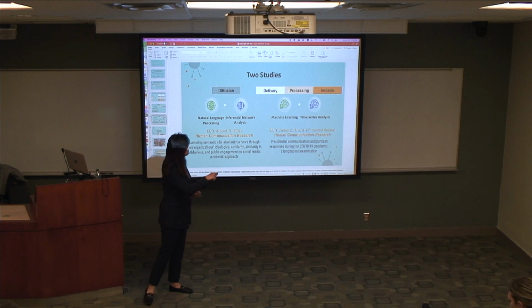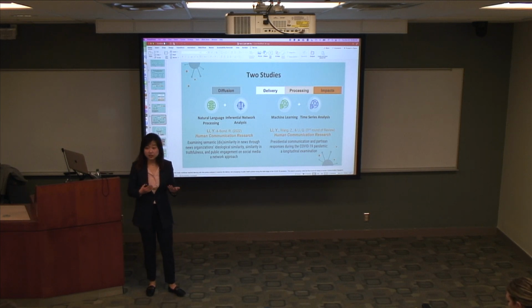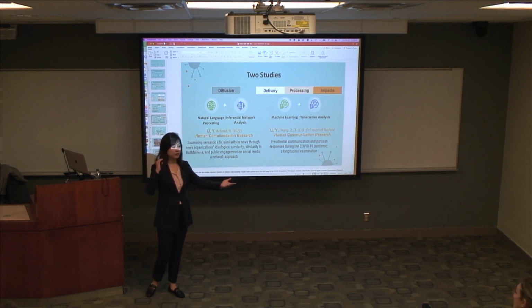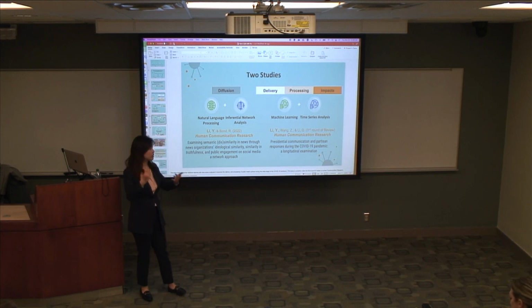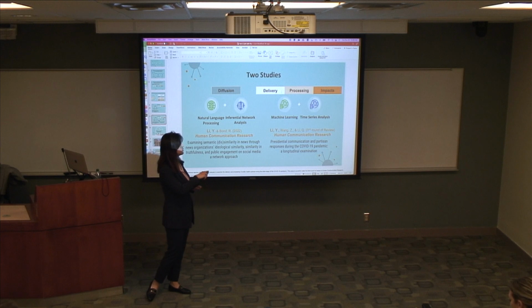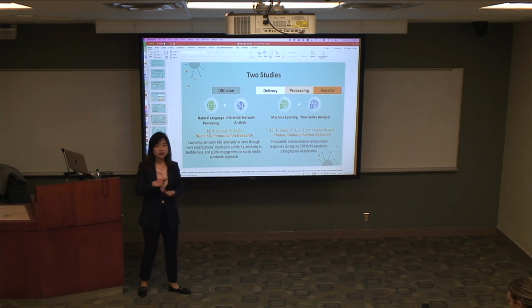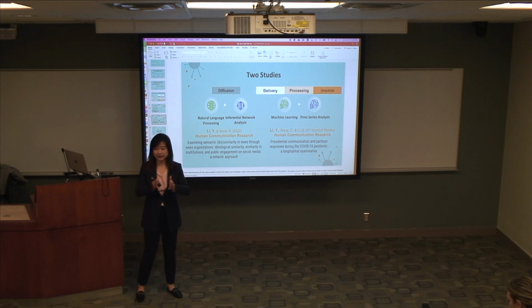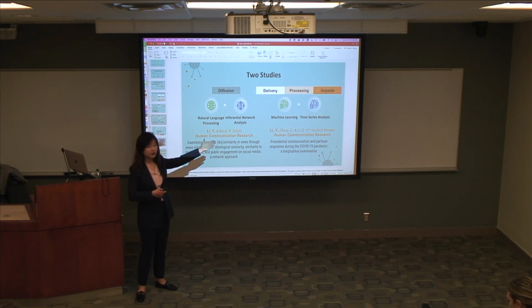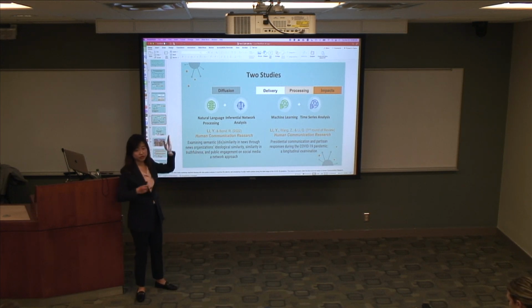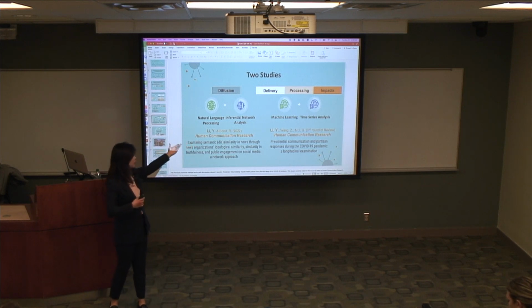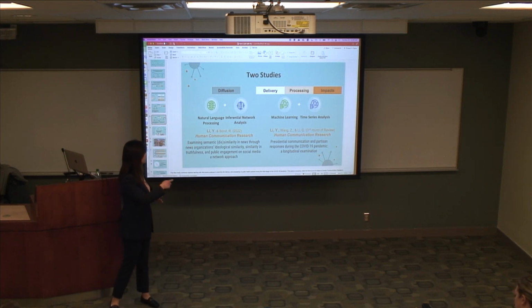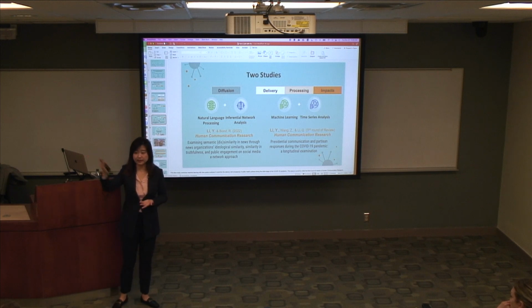But delivery and processing impacts are more from the psychological perspective, like how psychological factors or societal factors may influence the delivery processing impacts. So I was trying to combine these two together, using a sociological perspective to study communication, and also a psychological perspective to study communication.